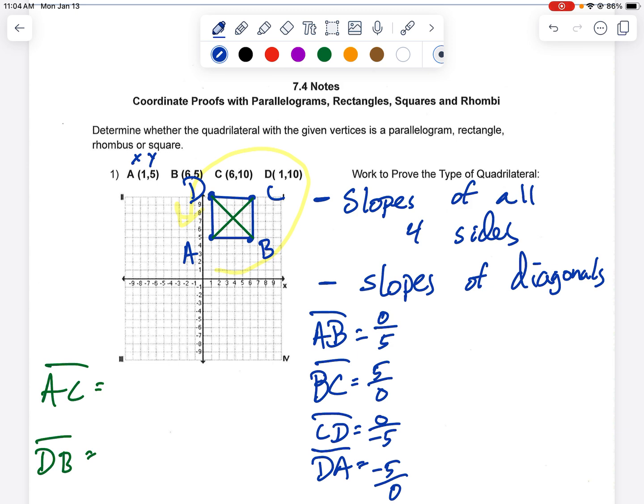Remember, 0 over any number is just 0. If you try to plug 5 divided by 0 into your calculator, you'll get an error message, which makes this undefined.